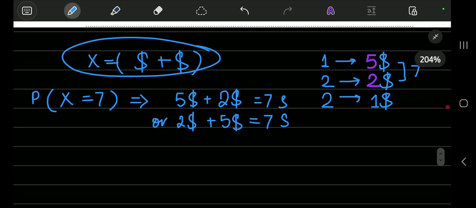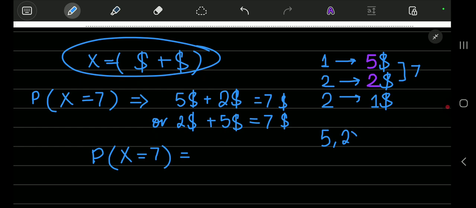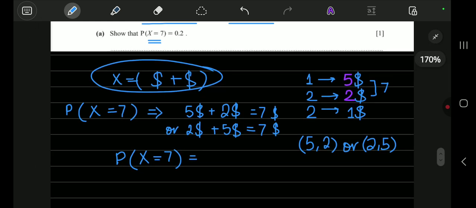Okay, so what do we need to do? We need to find the probability for this. So the probability for x equals 7 has two scenarios: 5 then 2, or 2 then 5. What is the probability of getting a 5 first? 1 out of a total of 5 coins.